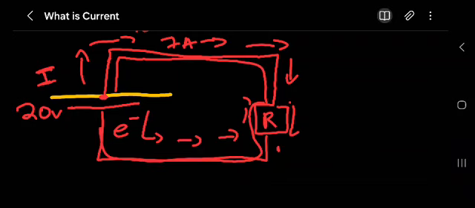Taking the same circuit, let me place a resistor here and call it resistor 1, and another resistor here, resistor 2.